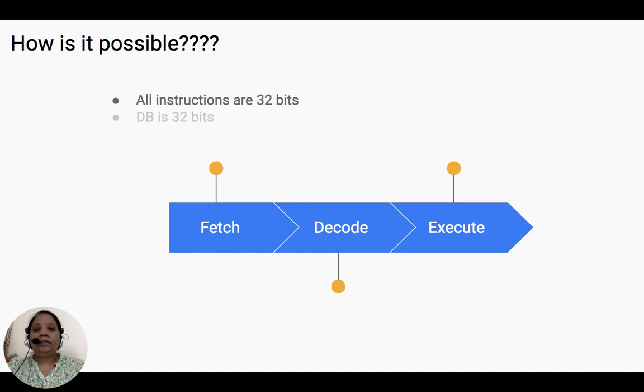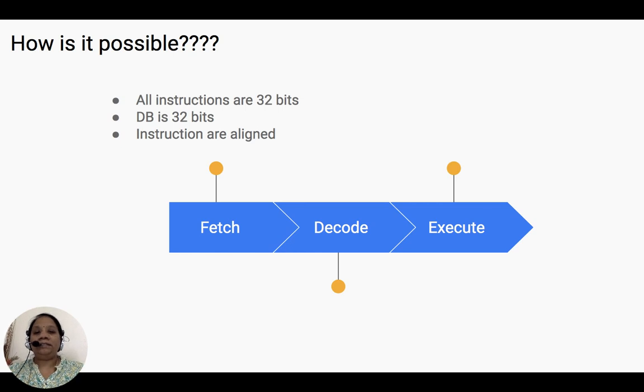And the data bus is exactly 32 bits, so when you fetch, it fits into your data bus and is easily fetched. And more important, all instructions are aligned.